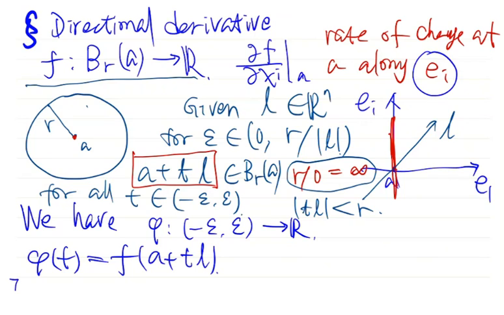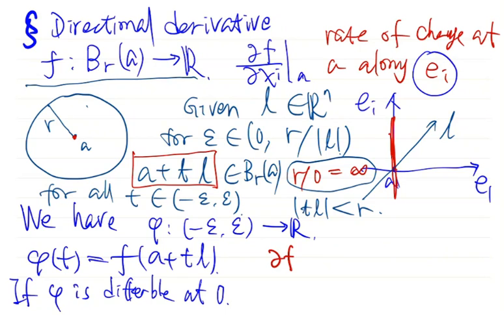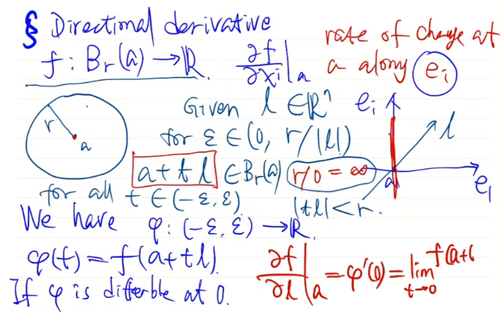So if this function φ is differentiable at 0, then we define the directional derivative of f at A in the direction L to be the derivative of φ at 0, which is the limit as t goes to 0 of f(A + tL), which is φ(t), minus f(A), which is φ(0), divided by t.